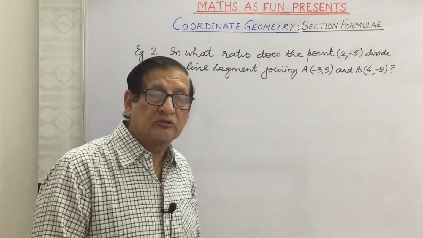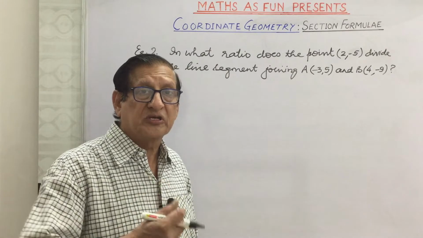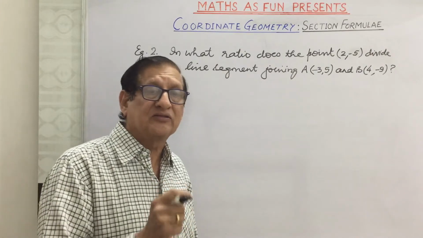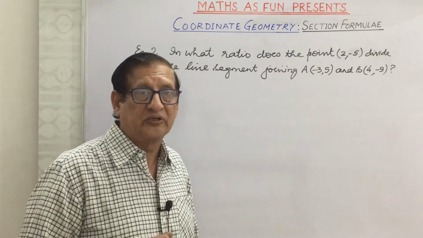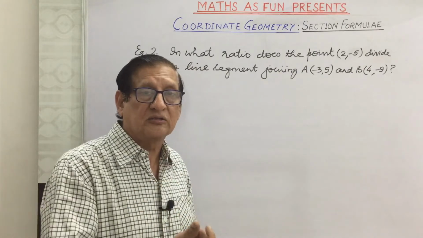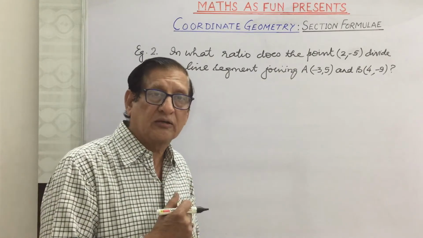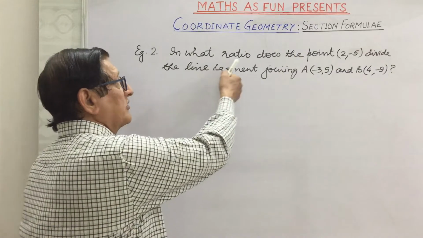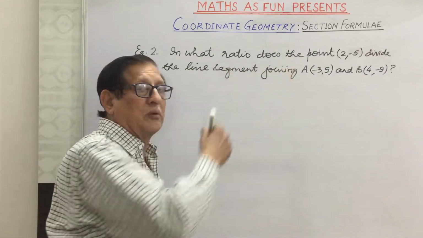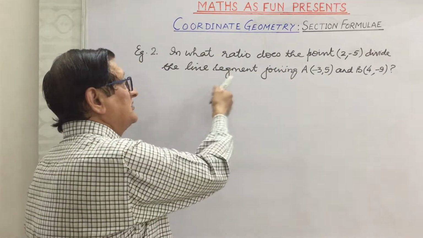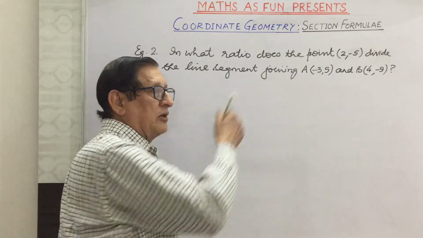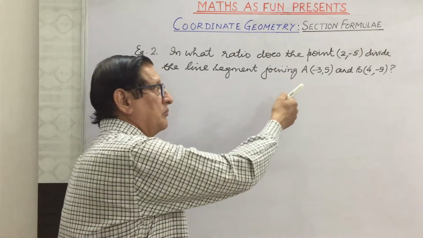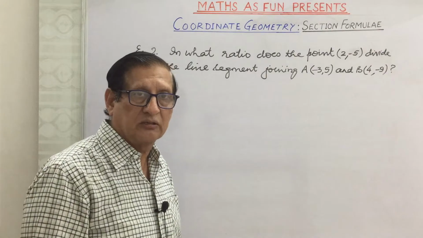If we are to find out the ratio in which a given point divides a line segment joining two given points, then let's discuss one of the problems based on that. And that is: in what ratio does the point (2, -5) divide the line segment joining A (-3, 5) and B (4, -9)?